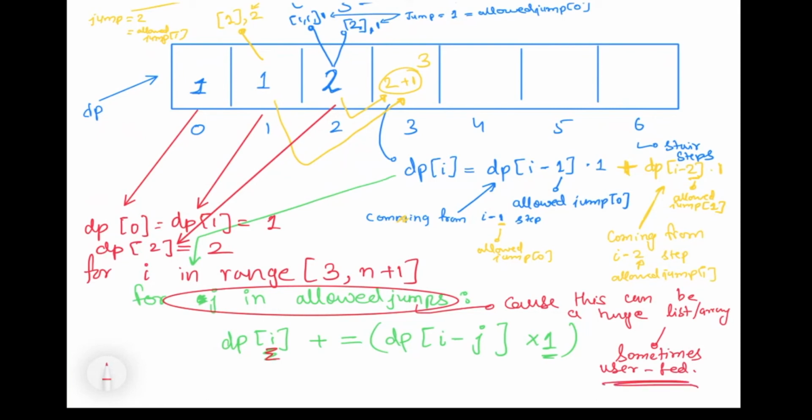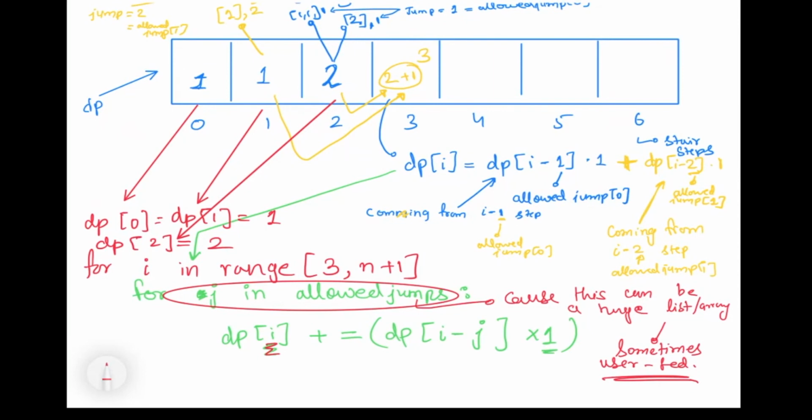What will you do in that situation? For different persons, there are different capacities to which they can jump stairs at a time. Taking that into consideration, the list of allowed jumps can vary in length and magnitude of the elements as well. So to tackle that, we standardized the procedure and created the allowed jumps array for tackling that possibility.